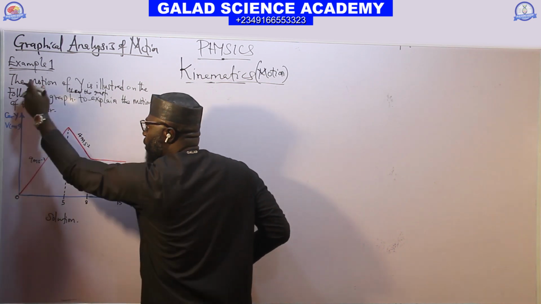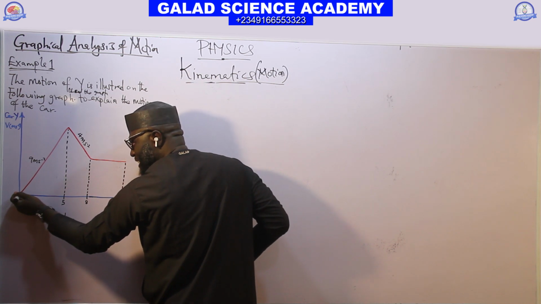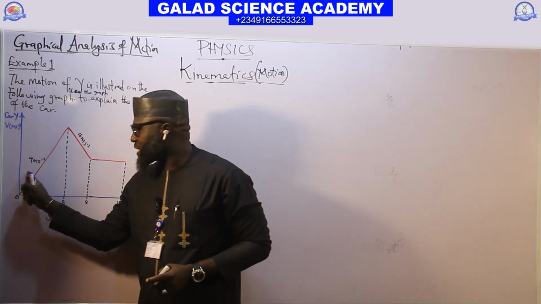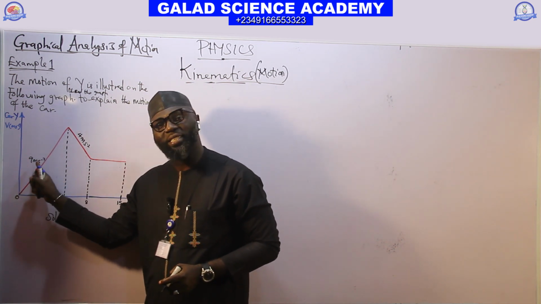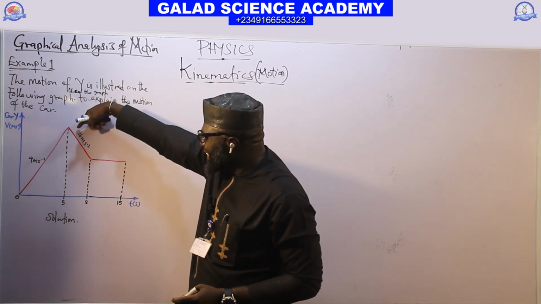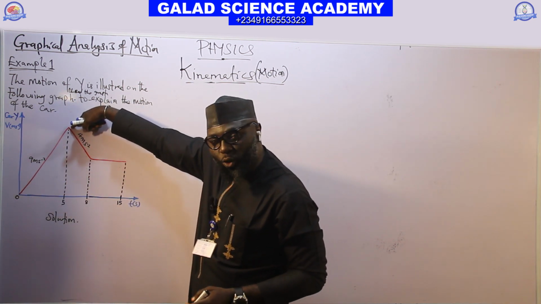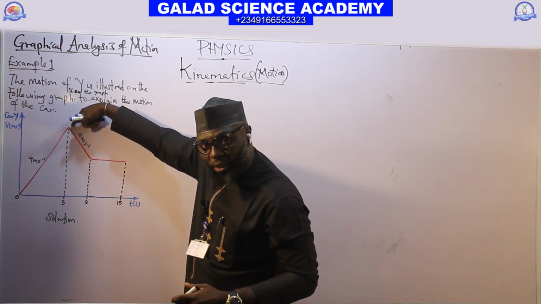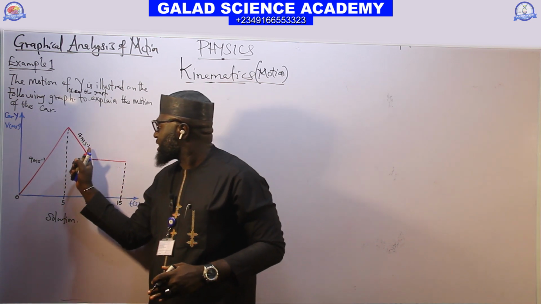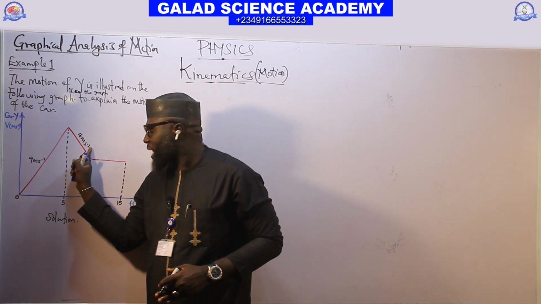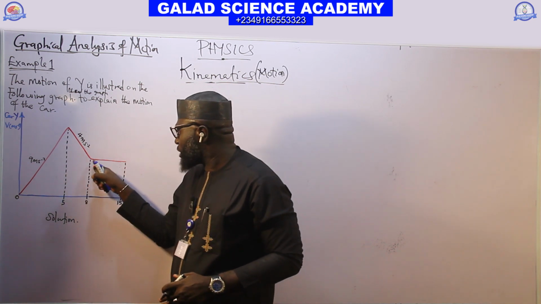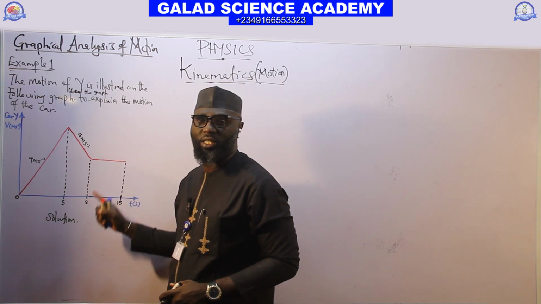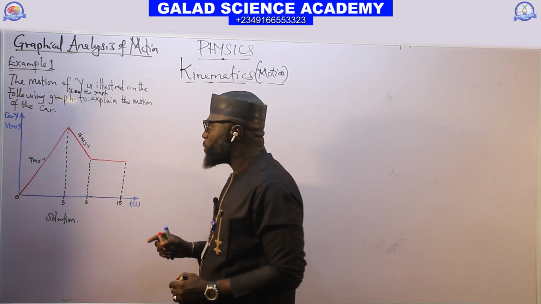The car Y accelerates from rest uniformly with uniform acceleration of 9 meter per second squared. But later it decelerates uniformly with acceleration of 4 meter per second squared. And when it gets to this point, it experiences a constant velocity.